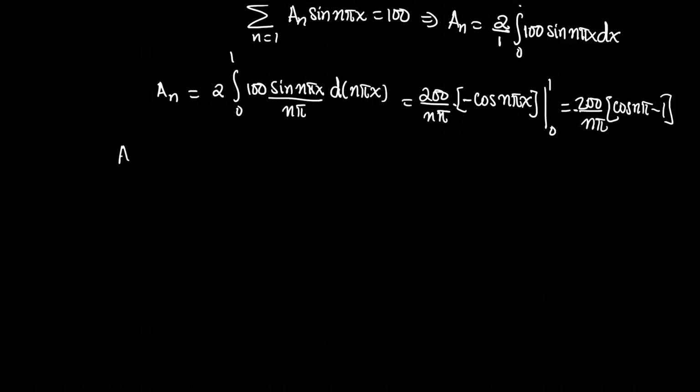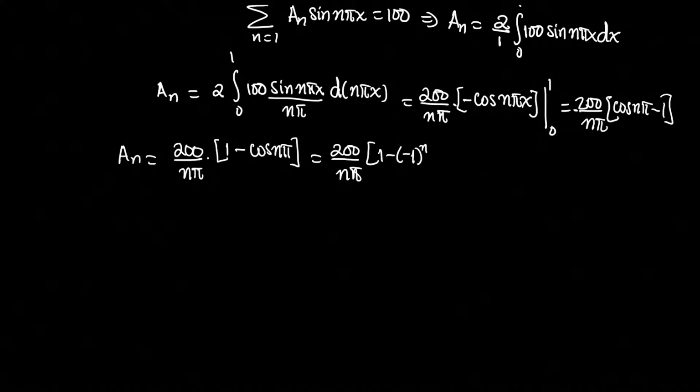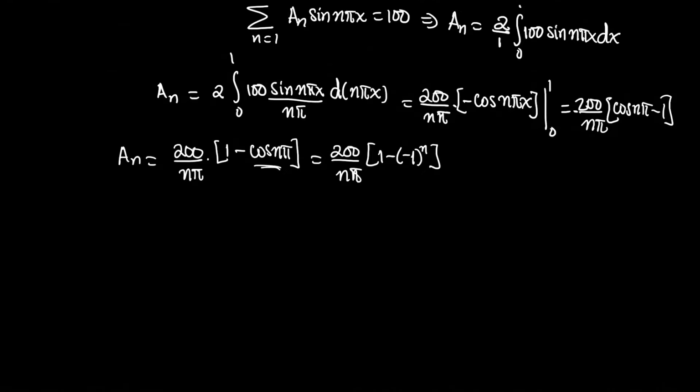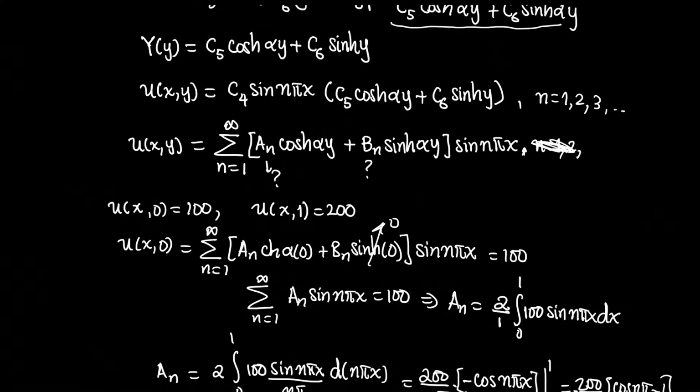Then you have a_n equal to 200 over n pi times 1 minus cos of n pi, which is 200 over n pi times 1 minus (minus 1) to the power of n. That is because cos of n pi equals (minus 1) to the power of n. Okay, that's your a_n. Now you need to find also the b_n.